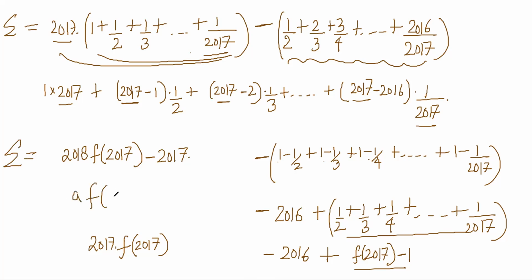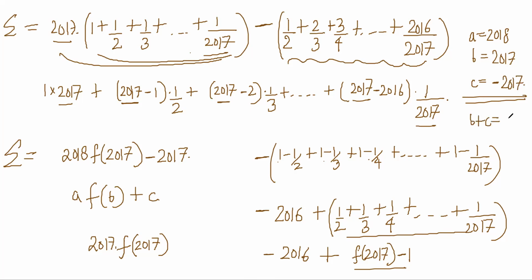A times f of b plus c was written earlier. A times f of b plus c. So a is equal to 2018, b is equal to 2017, c is equal to minus 2017. So b plus c is 0, and you can check all the options.